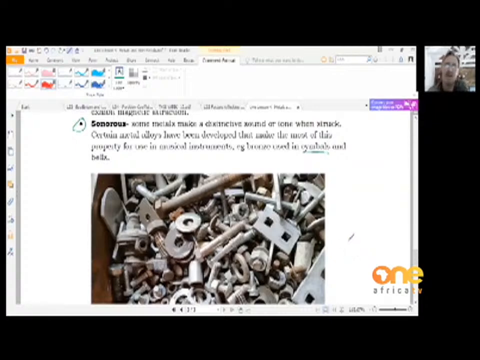Okay, some metals make a distinctive sound or tone when they're struck, and certain metal alloys, remember an alloy is a mixture of metal atoms.